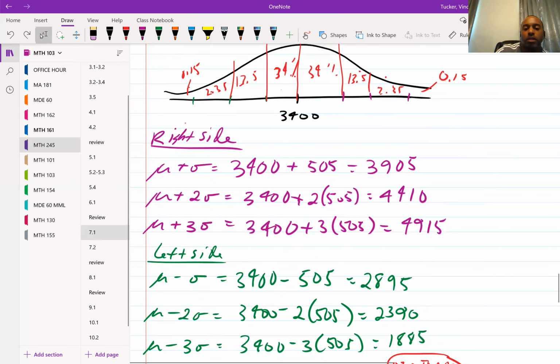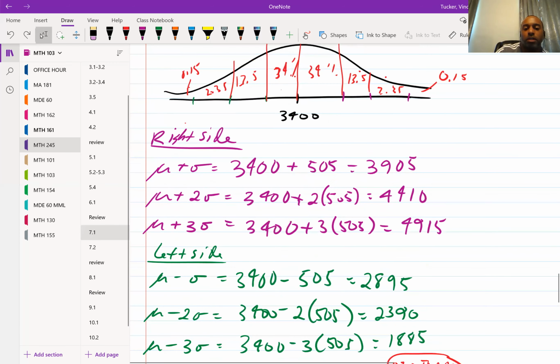And that's going to be 0.1210. Any problems with that? All right. So that's what we have here, 0.1210.